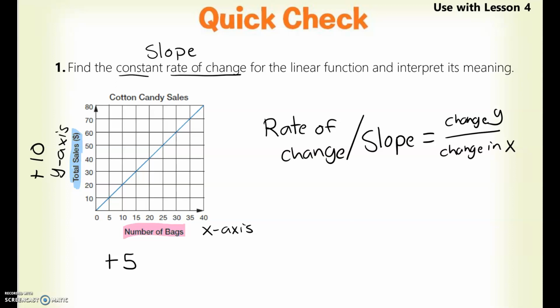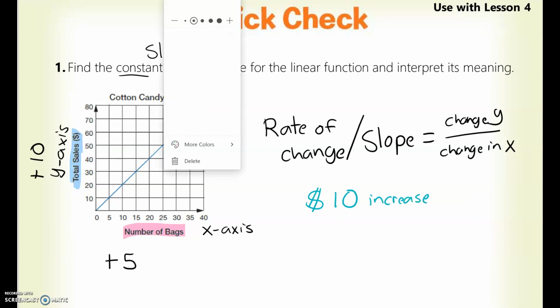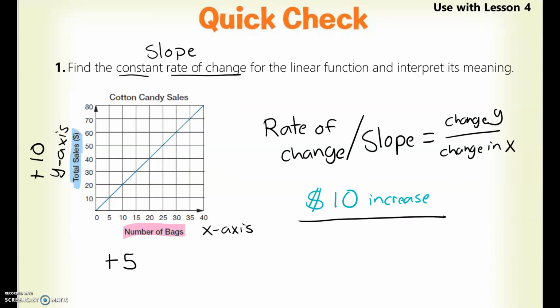So our change in y is our blue axis, which is $10. So we're increasing by $10 over the amount of change in our x-axis, which is our number of bags. So $10 for 5 bags.